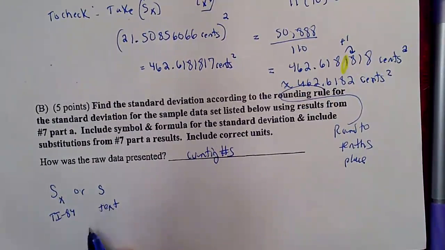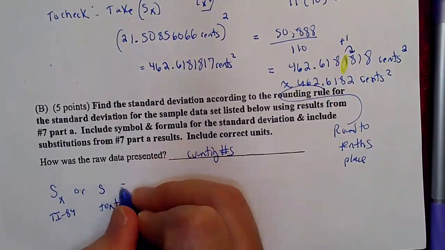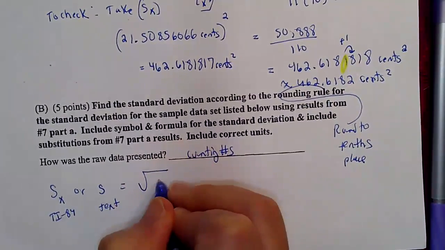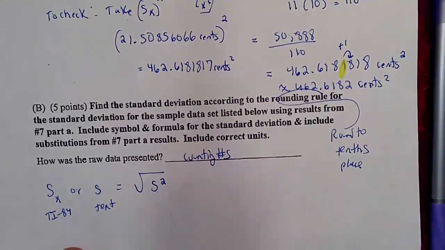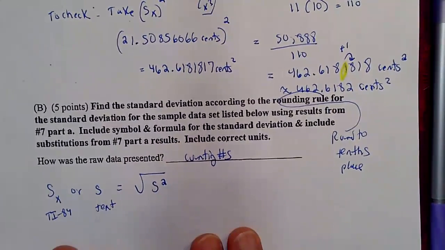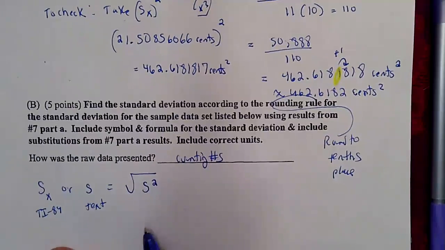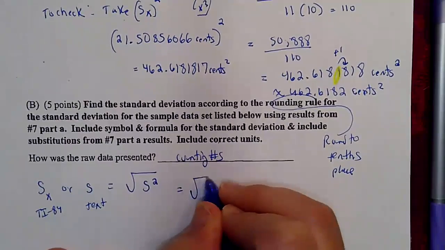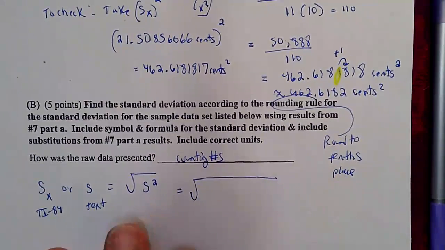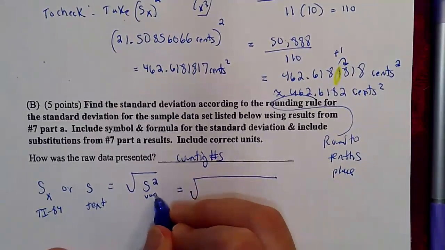So the text uses s. And then the formula you could jot down, this one would be acceptable. There's a couple of formulas. There's one that's longer, but this one would be acceptable, and this was in our notes. And then you take the square root of your variance.